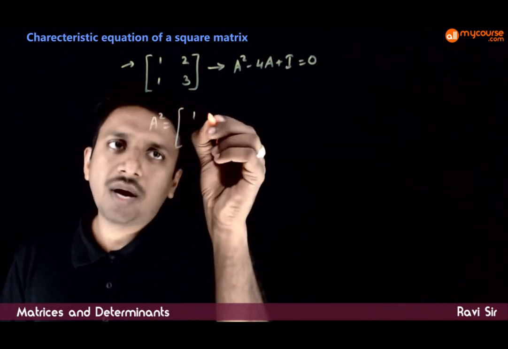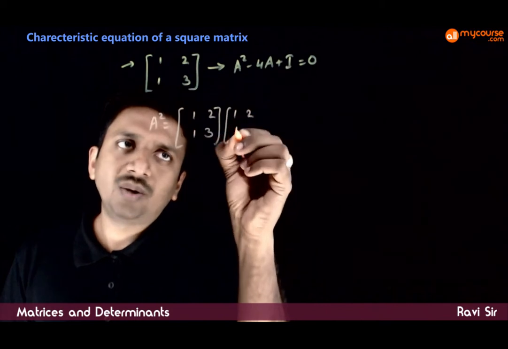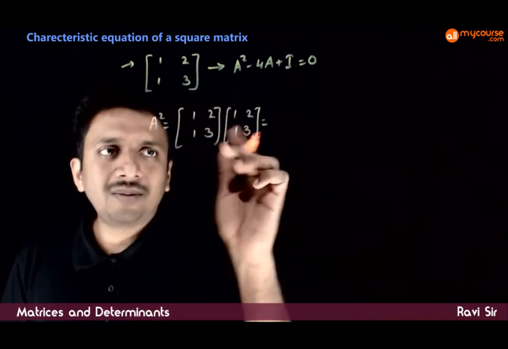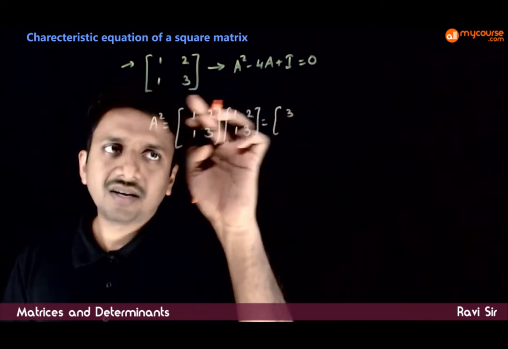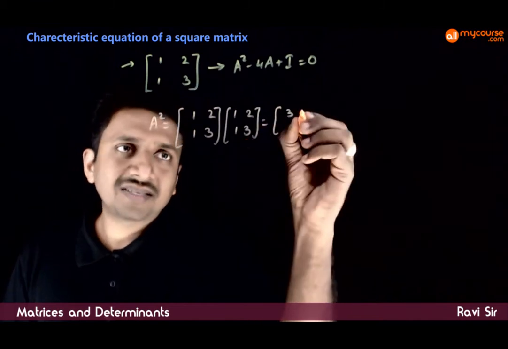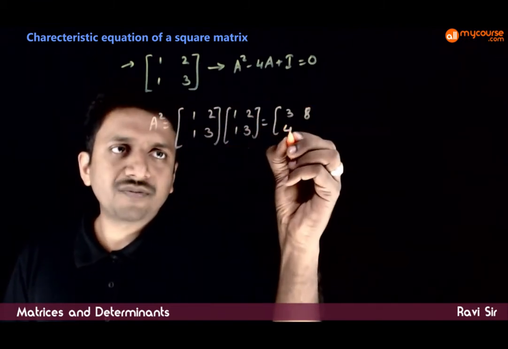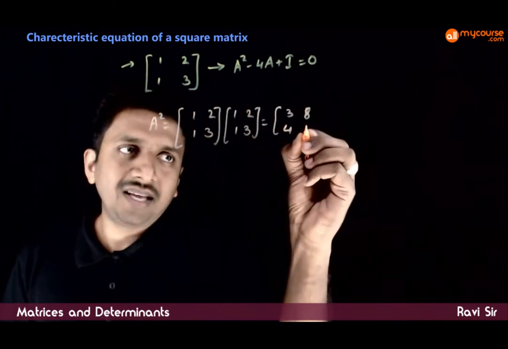A square is 1, 2, 1, 3 times 1, 2, 1, 3, which is equal to 1 plus 2 is 3, 2 plus 6 is 8, 1 plus 3 is 4, 2 plus 9 is 11.